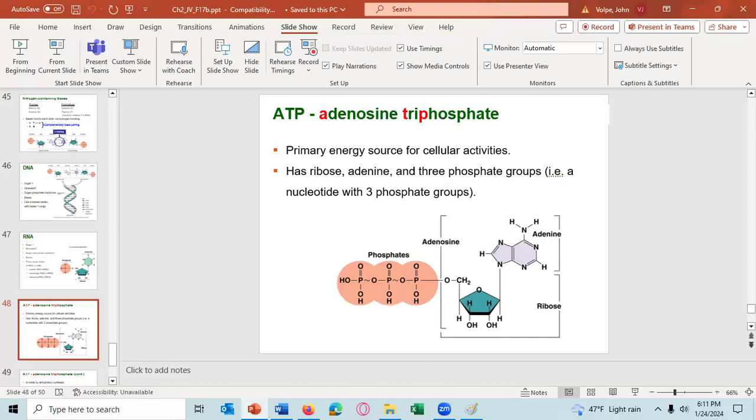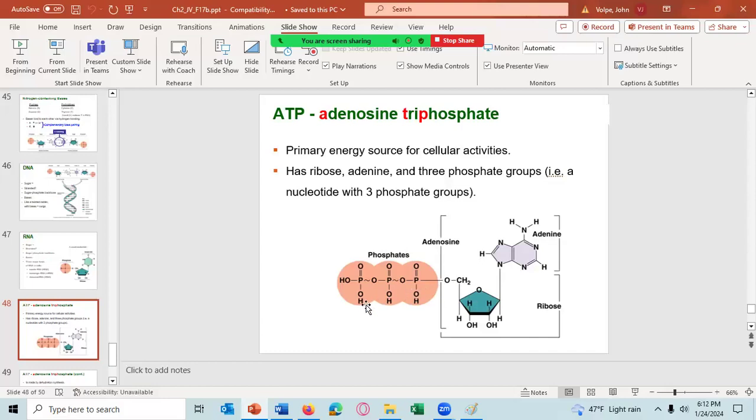It tends to get that energy from ATP. ATP does have ribose. It does have adenine as the nitrogen containing base. And then it has 3 phosphate groups attached to it.